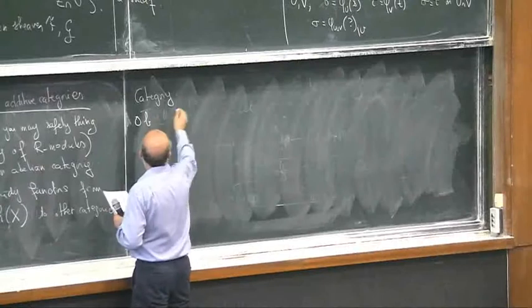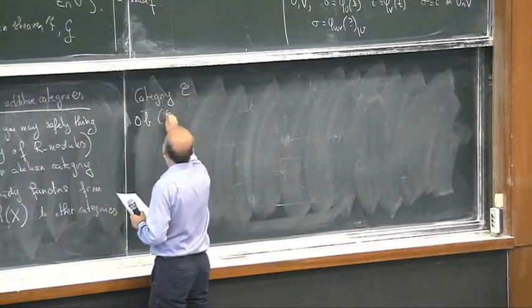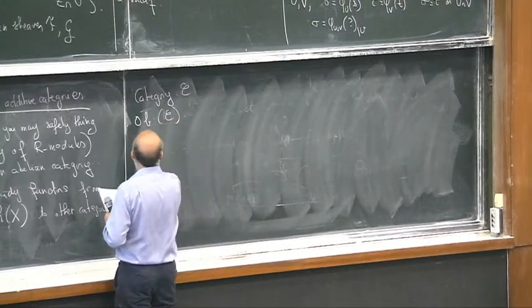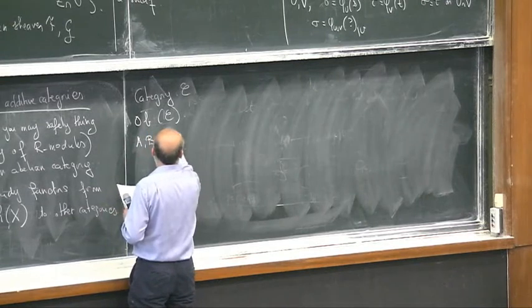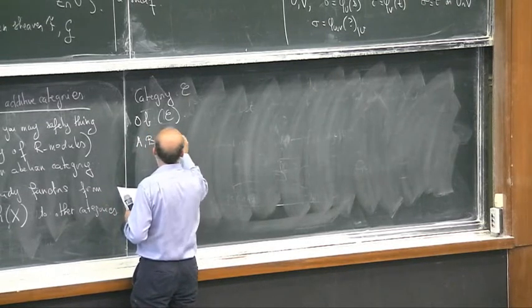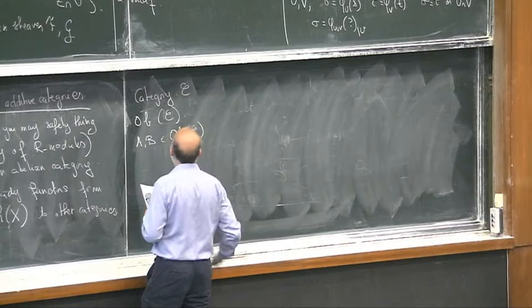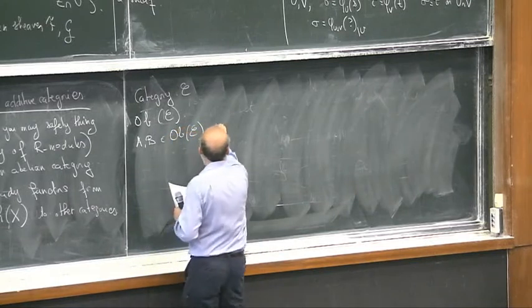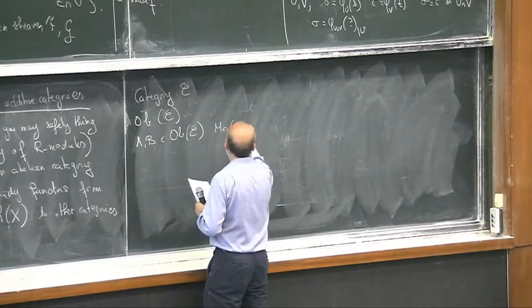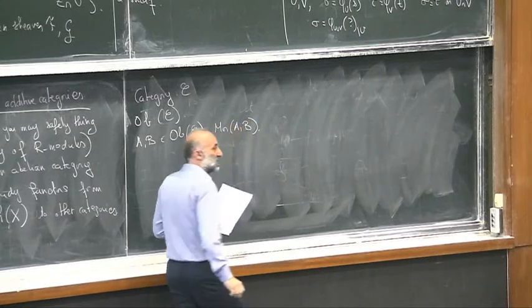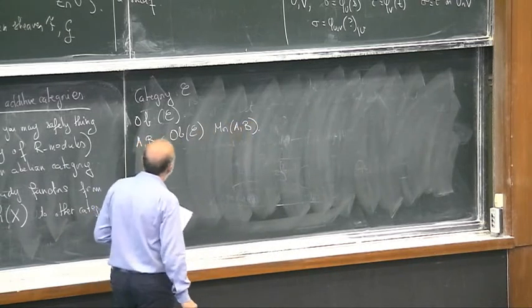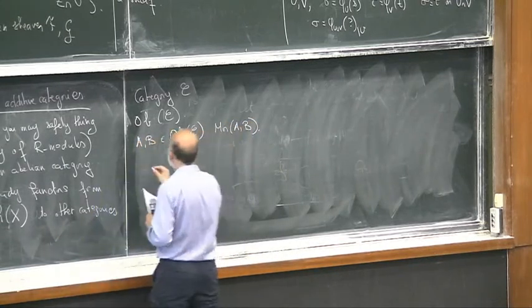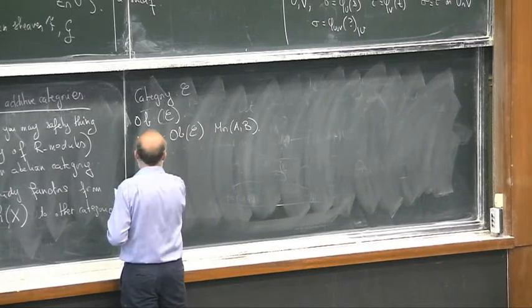that you have objects, C, and then for any A and B two objects, there's a morphism from A to B, and then there's a composition rule.